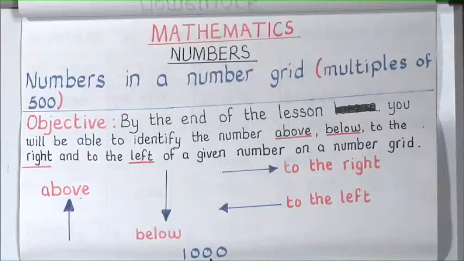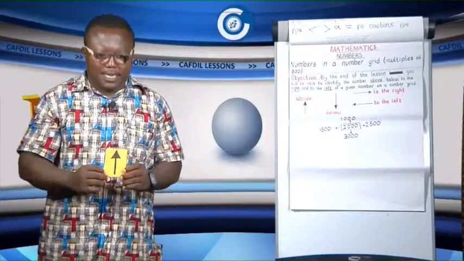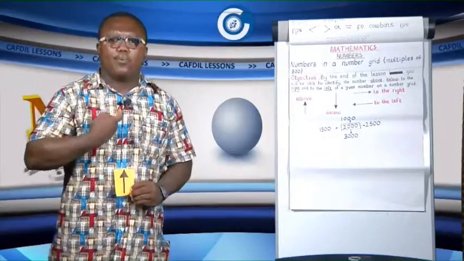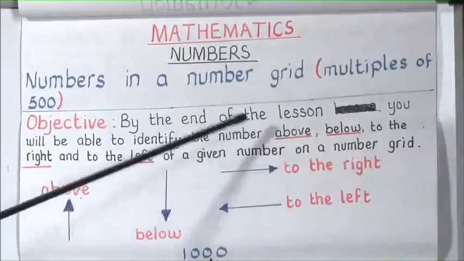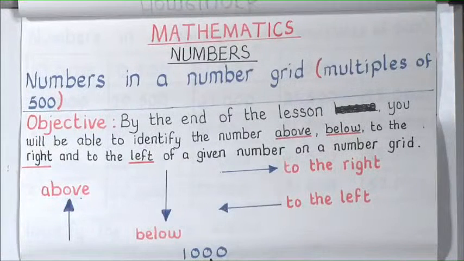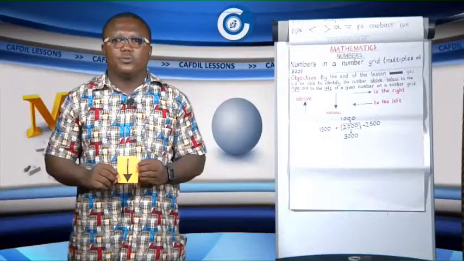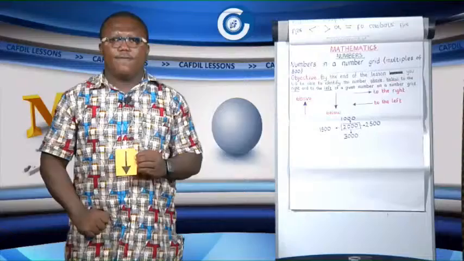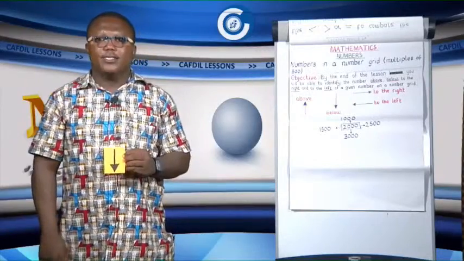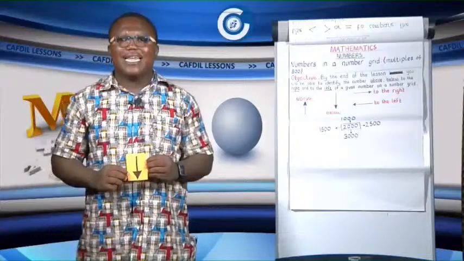Good. So here, another word we can say is above. Now let me point it in this direction. Where is this arrow pointing to? Down. Very good. So here too we can also say below.